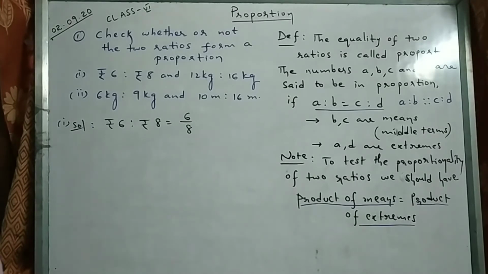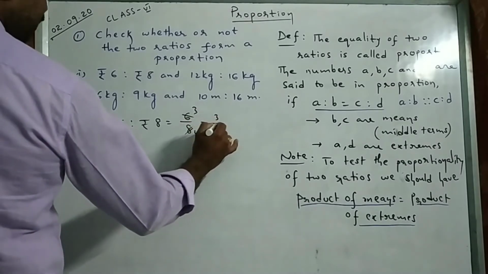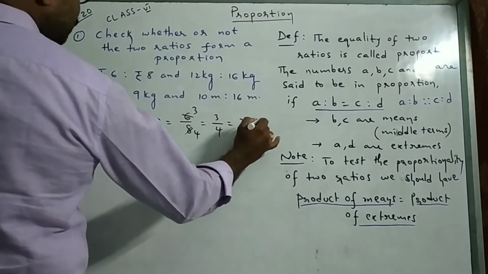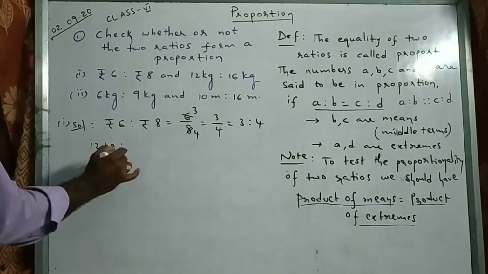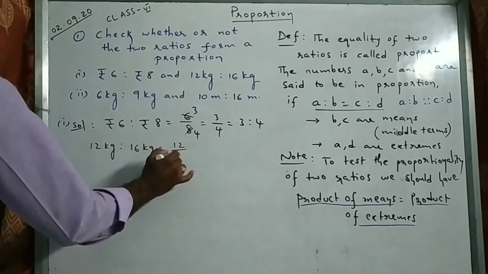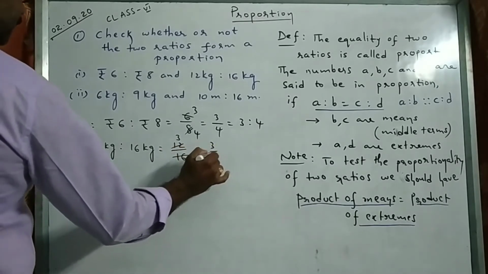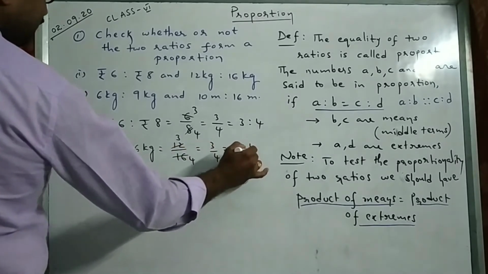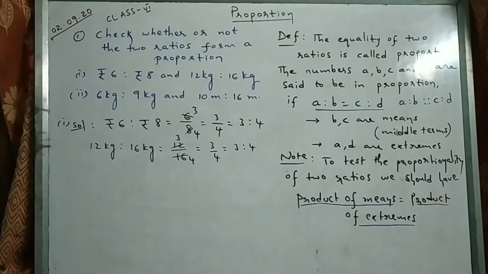Ratio is nothing but a division. 2 3s, 2 4s. 3 by 4 means 3 is to 4. Similarly, take the second one. 12 kg is to 16 kg means 12 by 16. 4 3s are 12, 4 4s are 16. 3 by 4, 3 is to 4. See, both are same. Both ratios we got same. That means these ratios form a proportion.